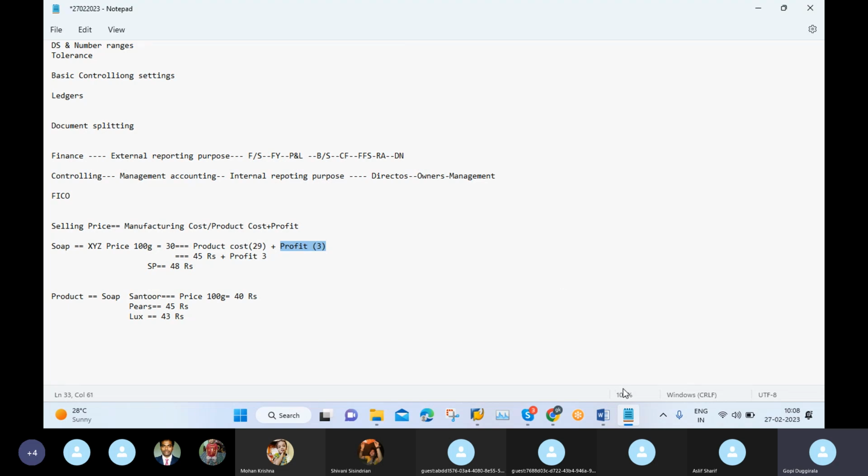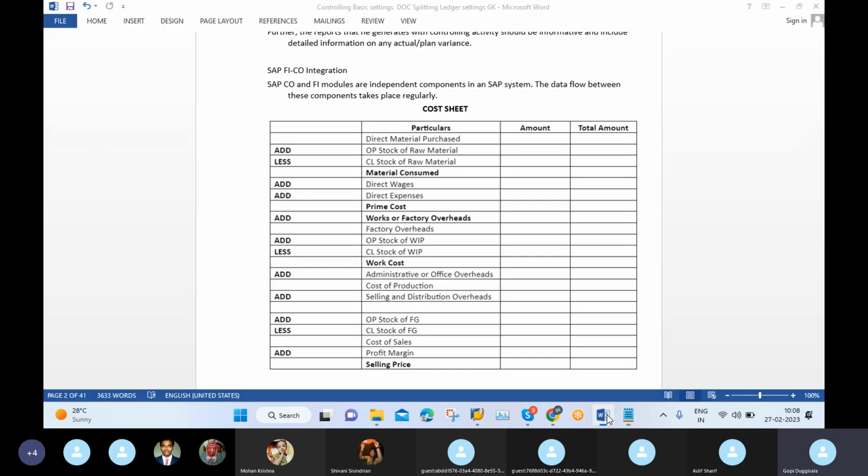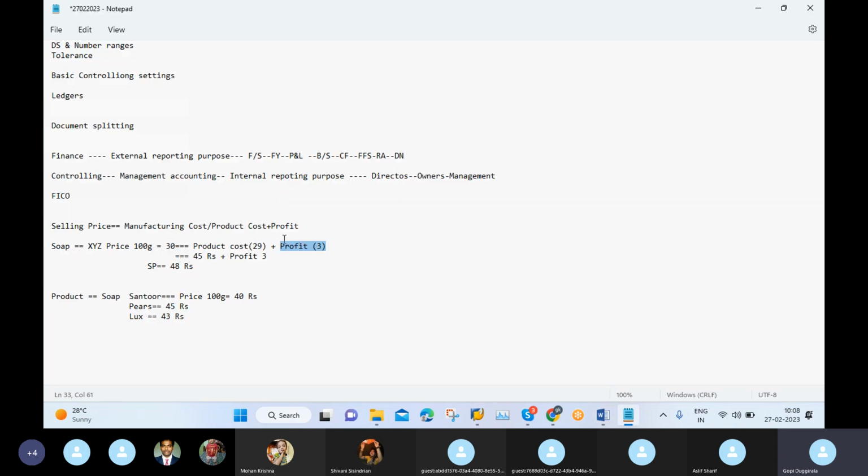That's the reason these things in controlling are taken care of by COPA. What is that model? COPA is controlling profitability analysis. So for this, how much I need to add, especially profit.